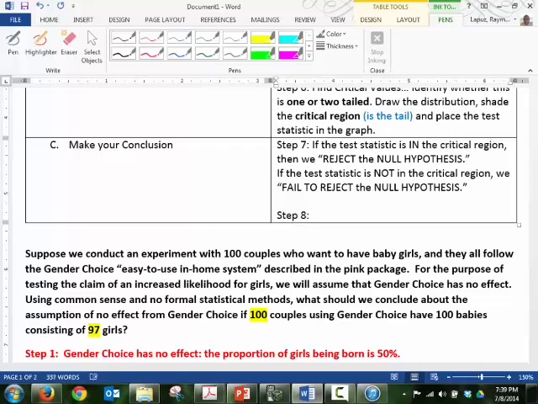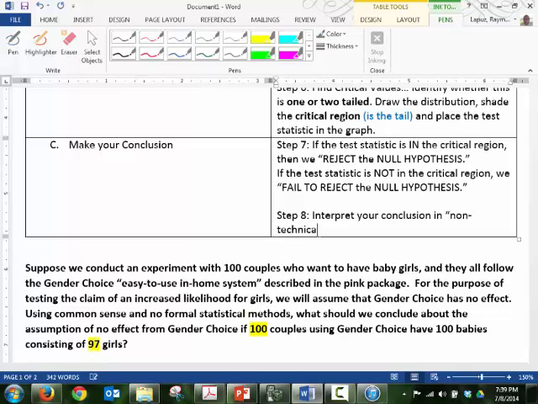And that is to interpret your conclusion in, they call it, non-technical terms. So in non-technical terms, do not use the words hypothesis, null, or alternative.